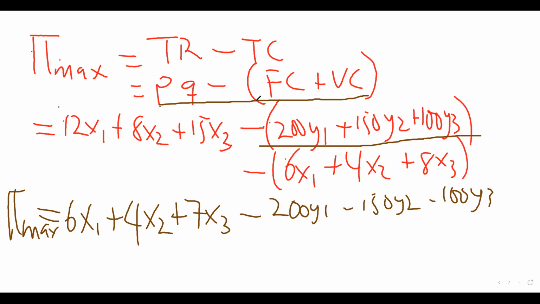I've underlined the PQ minus FC. Have you seen that? Yes, please. Now, if you look at it, the minus, is it not multiplying the FC and the VC? Please, it is. Okay, so it means that everything in that bracket is eventually going to be minus, isn't it? Yes, please. So if I bring the minus in front of the first part and I bring the minus in front of the second part.